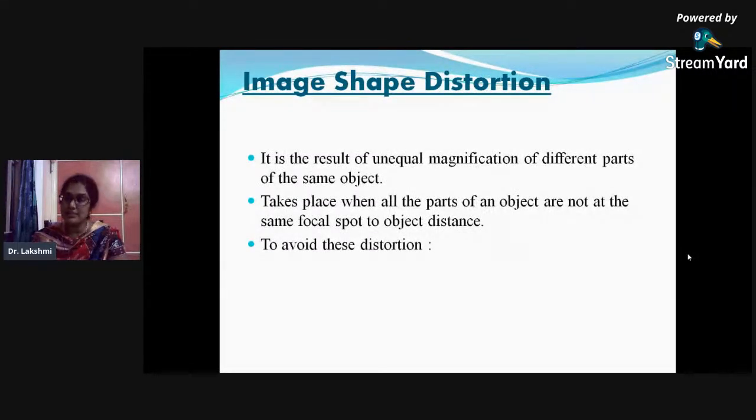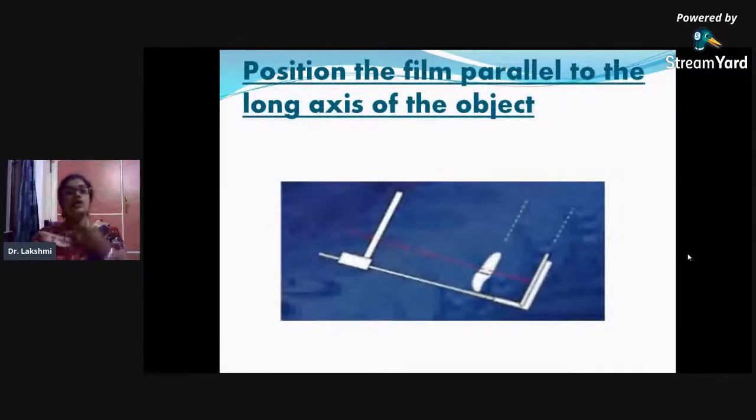In image distortion there are many chances of misdiagnosis and misinterpretation. It is the result of unequal magnification of different parts of the same object. It takes place when all the parts of an object are not at the same focal spot to object distance. So, to avoid this distortion, we must position the film parallel to the long axis of the object.